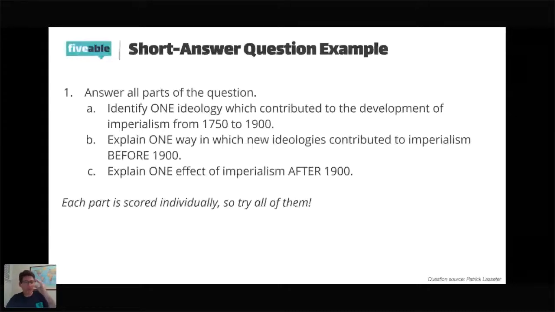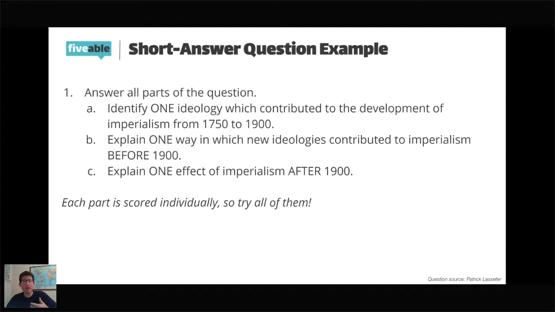So an example here would be to identify one ideology which contributed to the development of imperialism from 1750 to 1900. Your teachers will, and here on Bible, we will talk about what it means to identify, describe, and explain. But identify is the simplest task. In this question, you would just be asked to basically name an ideology that contributed to imperialism. It might be nationalism. It might be social Darwinism.